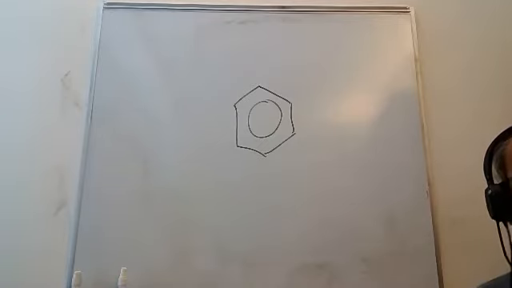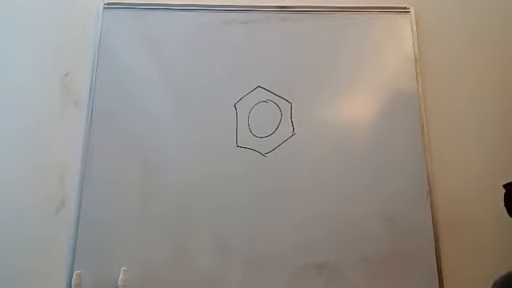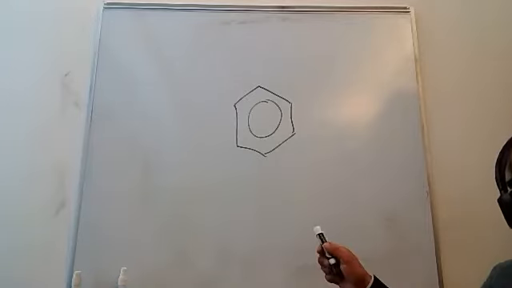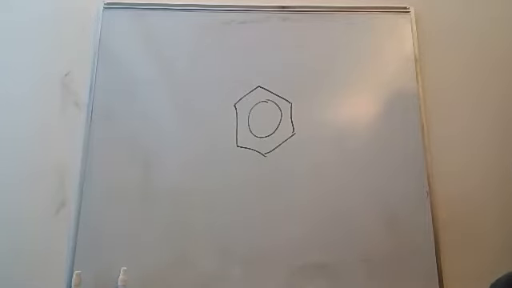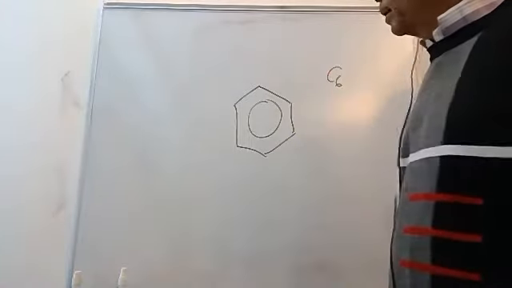What's the highest fold rotational axis of symmetry this molecule has? C6. C6. And where is that C6? Is it in the plane of the board or is it perpendicular to the board? It's perpendicular to the board. Perpendicular to the board. That's beautiful. That's a C6. Does it have C2s?